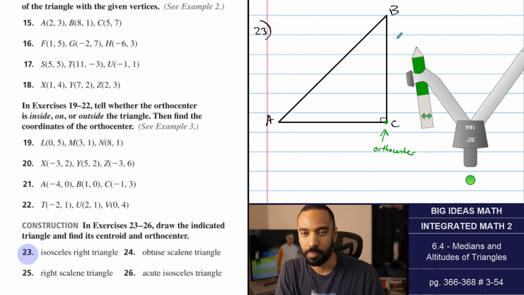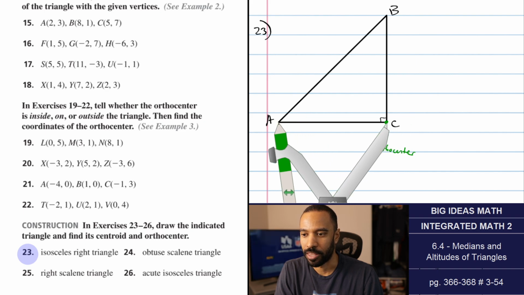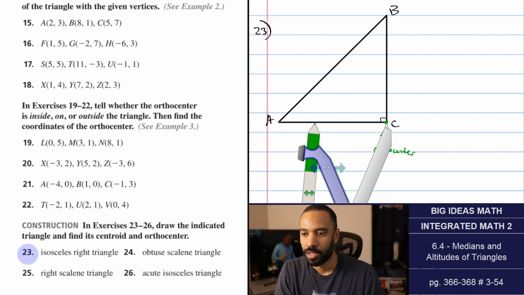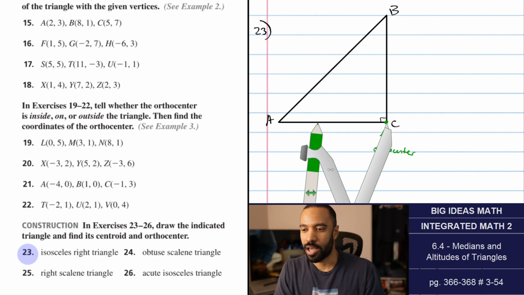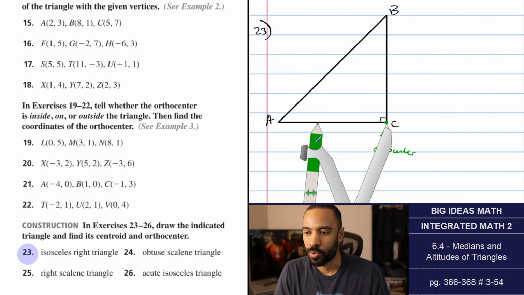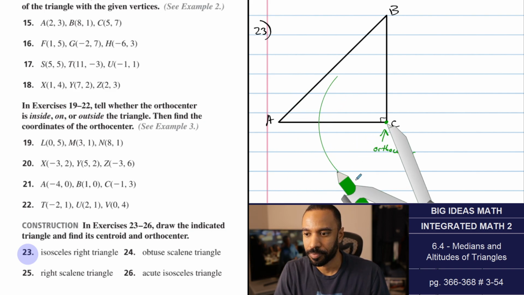The centroid should be from intersecting your medians. I'm going to find two medians here, and this should also go quickly. To find the medians, you saw what we did previously in the lecture portion. You want to draw perpendicular bisectors.